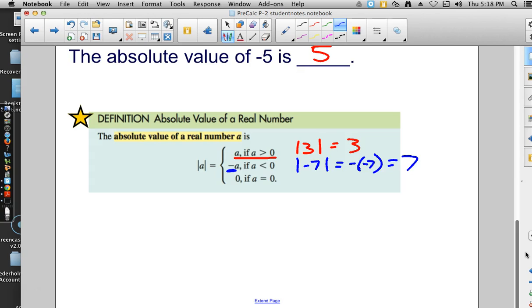So by the definition, if we put a negative number in there, we can represent that with a negative of a negative. And then of course we have a neutral number, and that's going to be 0. So this is just telling us that the absolute value of 0 is 0. That's not a shocker. You have not moved off of 0, so you have not moved any distance.